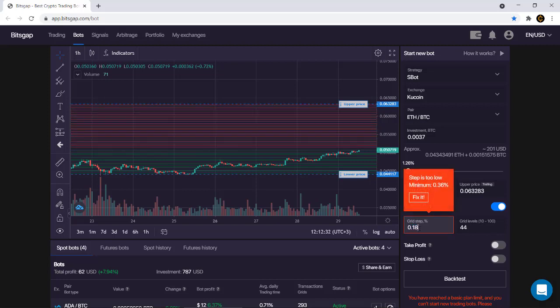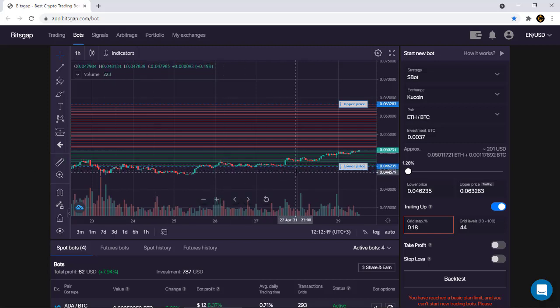So 0.18. It's not going to allow me to do 0.18. So let's see if I can do something in order that I can have 0.18. So move the lower price up a bit over to here, to this resistance level. We'll assume that the low price won't come down more than this.